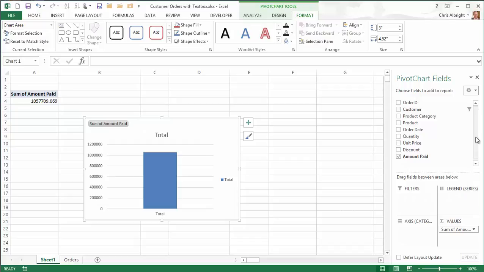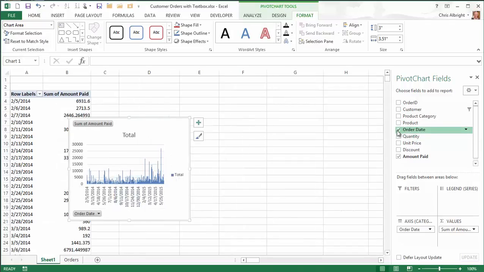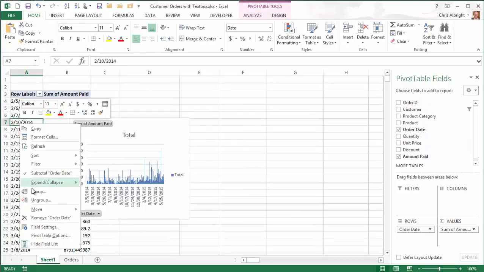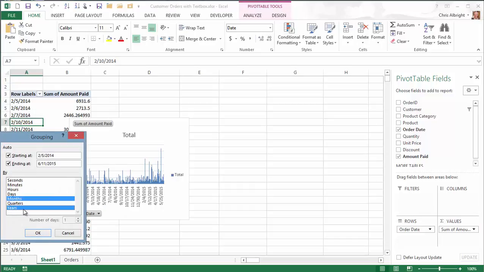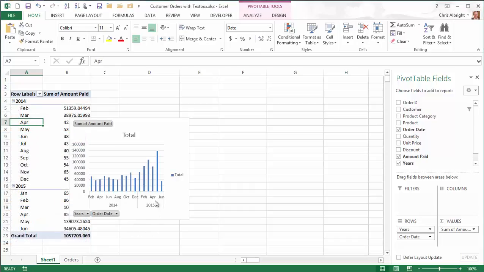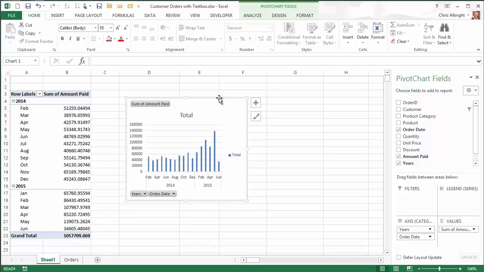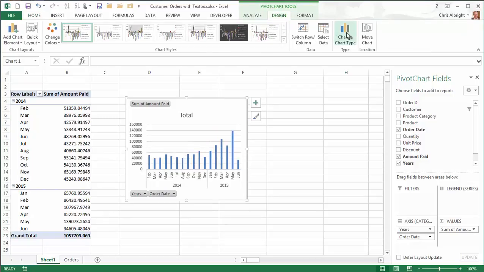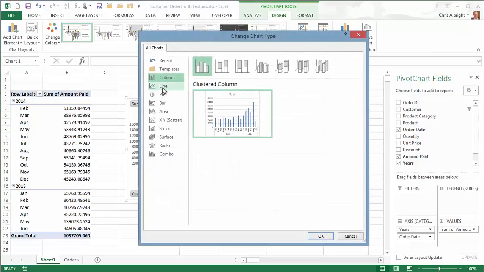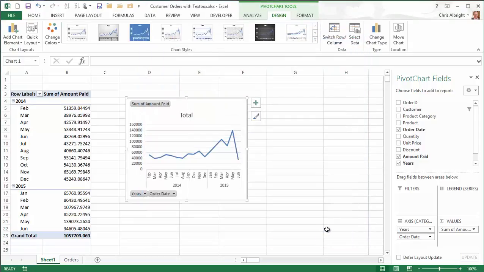And finally, I will break it down by order date, where I will group by month and year. And I'll change the chart to a line chart. So that's how long it took to get all of that information.